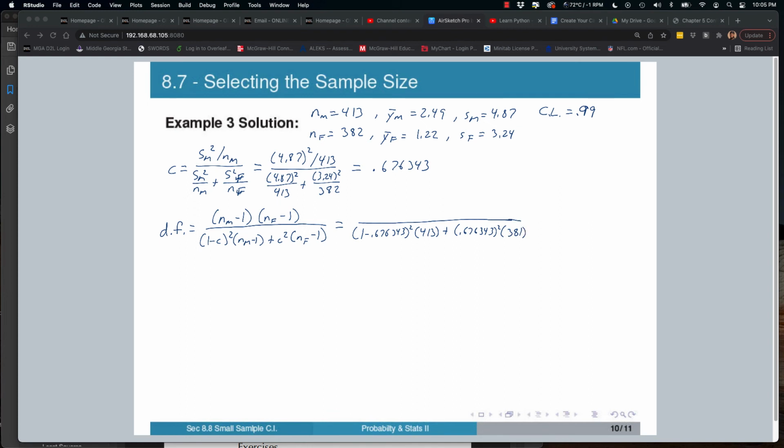And then the top, we just get that 413. Sorry, not 413. I caught myself there. It should be 412. 413 was the sample size. The degrees of freedom should be 412 here. So it should be 412 times 381 in the top.